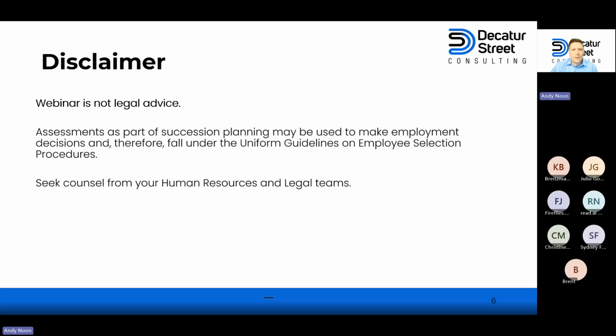So the first thing I want to make sure is just a quick disclaimer. This is meant for educational purposes only, and it isn't really about any legal advice. The reason I want to make sure to say that is because assessment, if you really think about what succession is, it's a selection process. And so obviously when you're dealing with selection, you want to make sure it's a process that falls under the uniform guidelines.